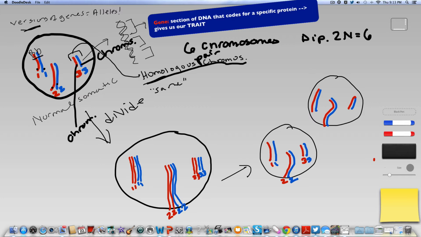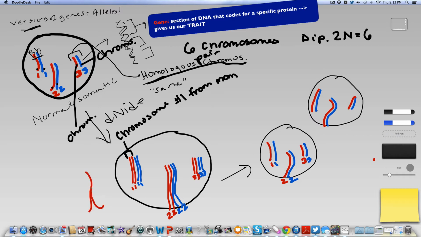Now, when we look over here, even though it replicated itself, we still consider that chromosome number 1 from mom to still be chromosome number 1 from mom, even though now there's two copies of it. So when you see it written like this, as chromosome 1, the same exact one from mom, that's still considered a chromosome.